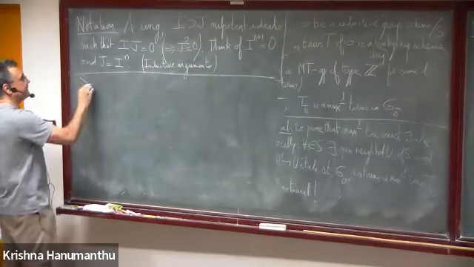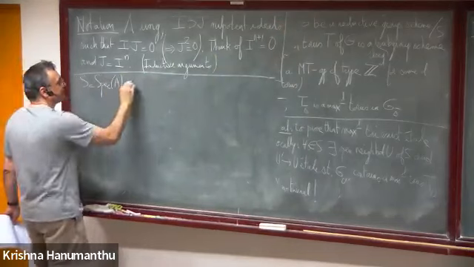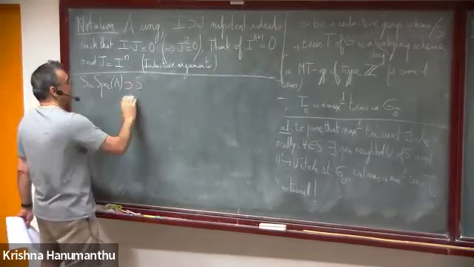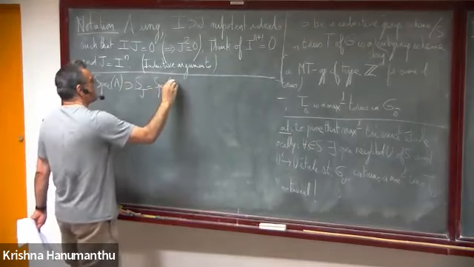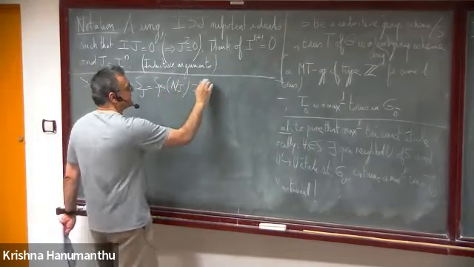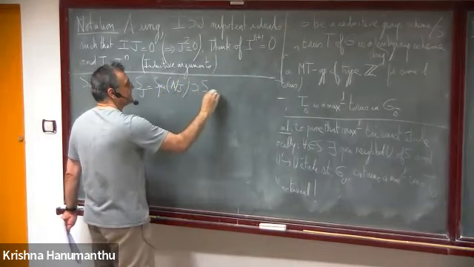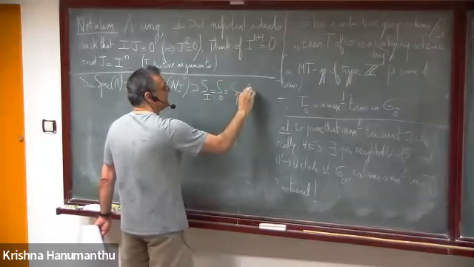And S will be the spectrum of lambda. So it contains S_J, which is the spectrum of lambda over J, and it contains S_I, which we also denote by S_0.